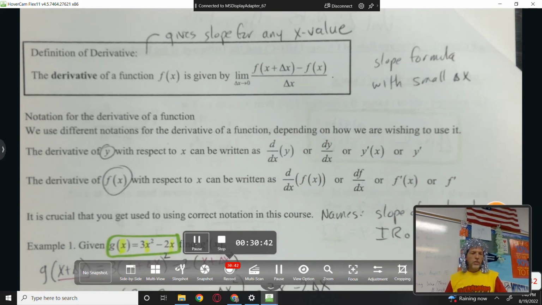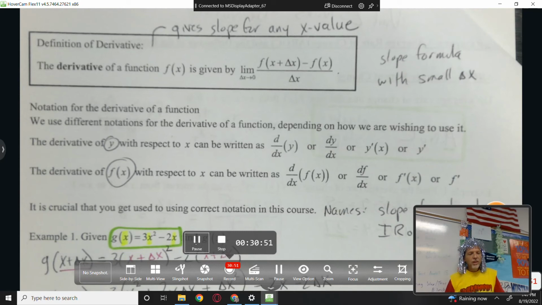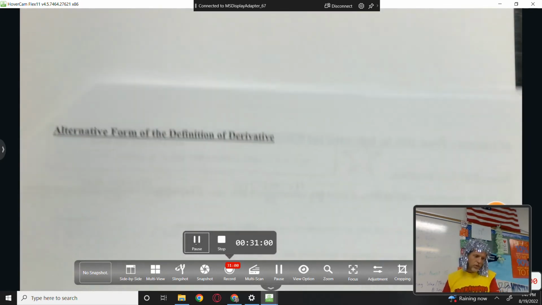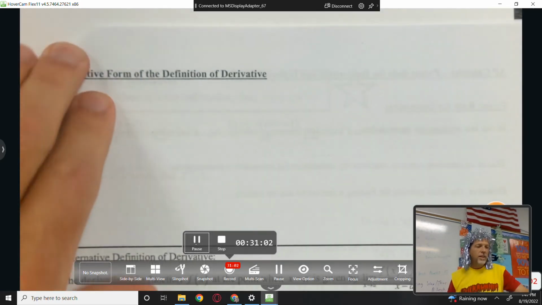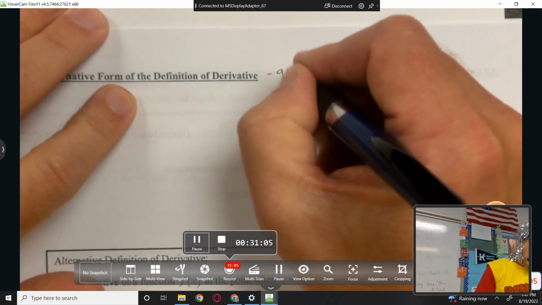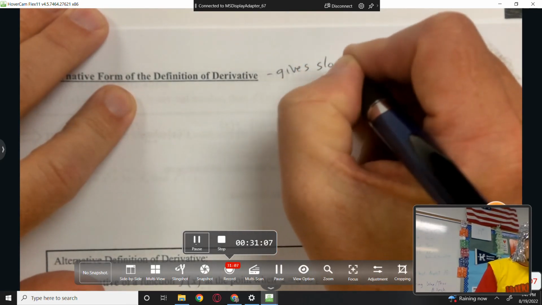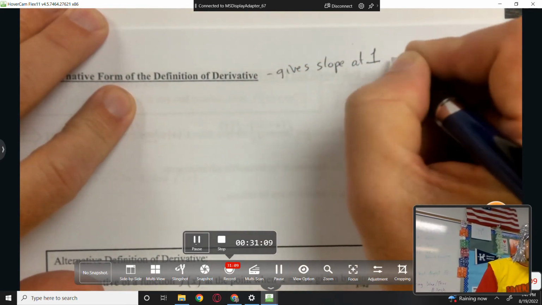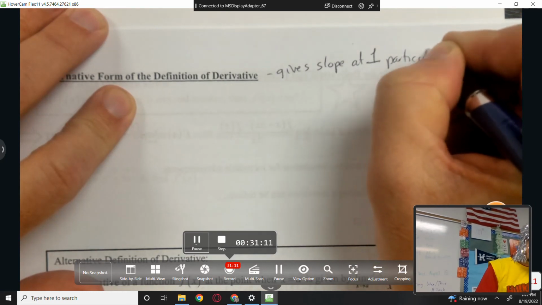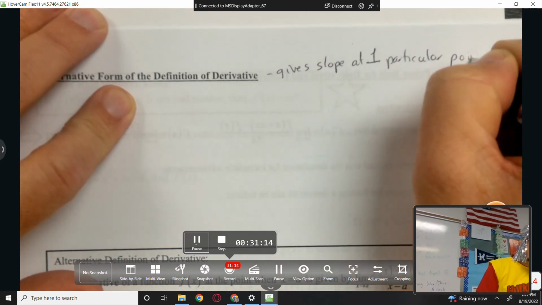If you look at the two answers that we got, they had an x in them, so they're useful for any x that you want. Once you have that formula, you can plug in 2 or 7 or negative 5 and find the slope at that point. As opposed to the alternative form of the definition, it gives you the slope at one particular point, at one spot.